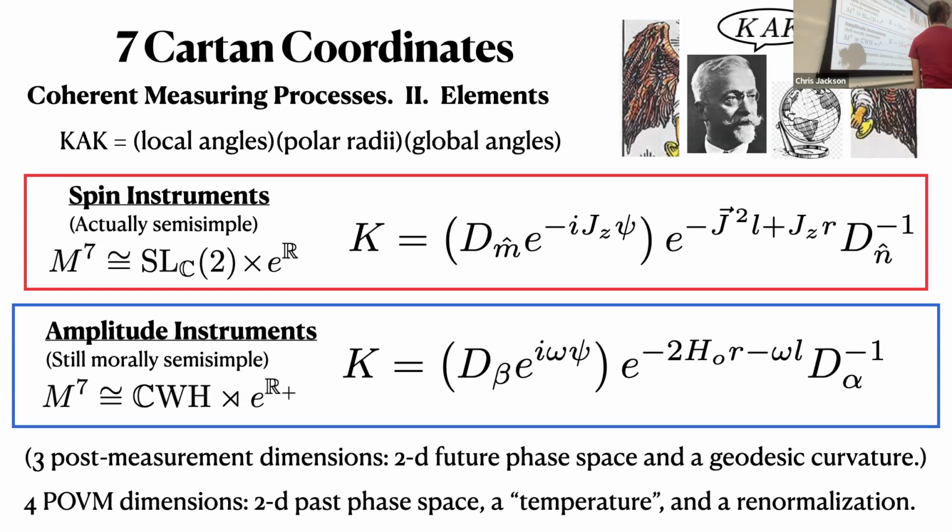Okay, but there is this wonderful geometer from the early 1900s, Elie Cartan. Maybe you guys have heard about the Euler decomposition. Cartan understood, and maybe Euler did too, I don't know, how the Euler decomposition, like KAK, could be Z rotation, Y rotation, Z rotation.